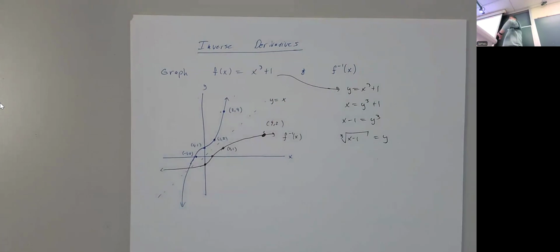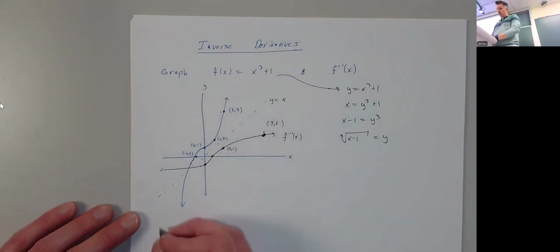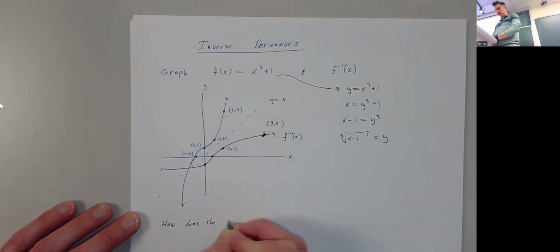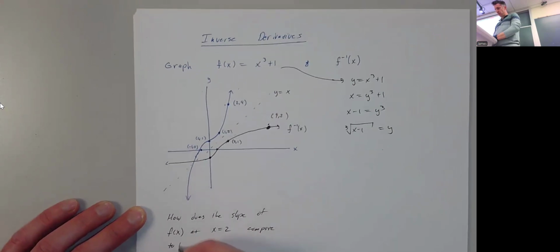The question I want to answer is, how does the slope of f of x at x equal to 2 compare to the slope of f inverse at x equal to 9?